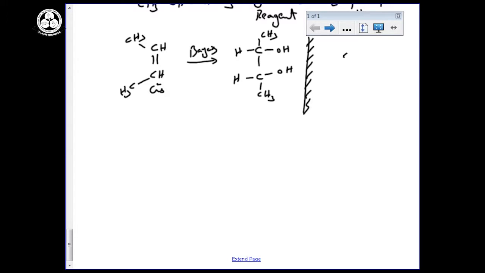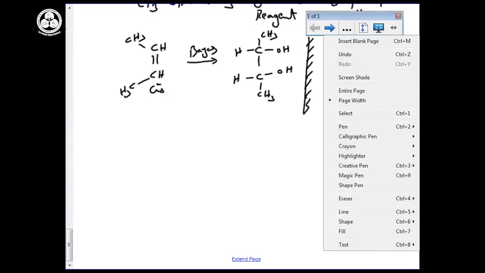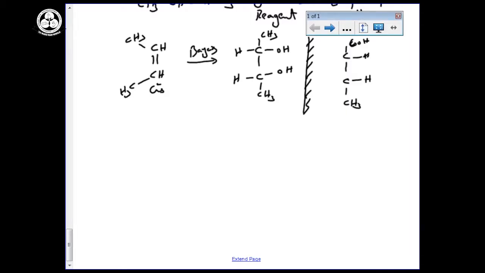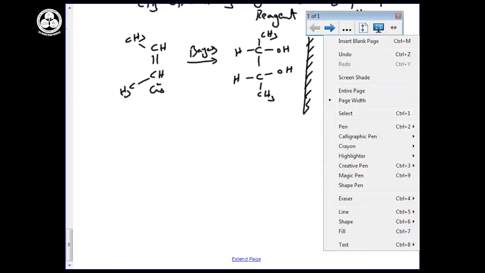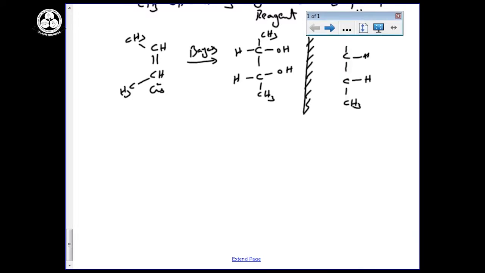Mirror image for this: see, single bond C, CH3, hydrogen this side, and C OH here. Sorry, CH3, OH here.